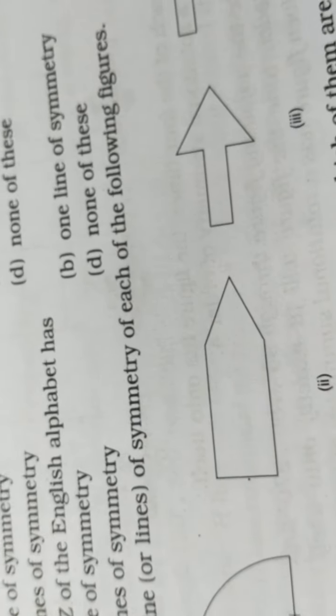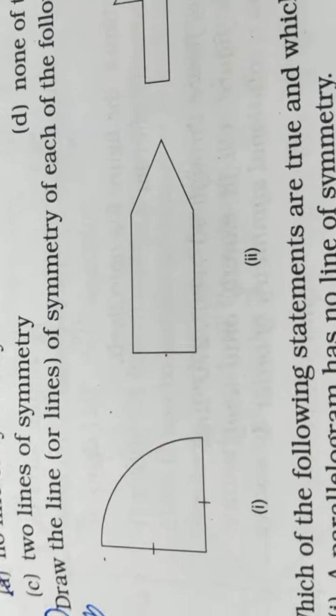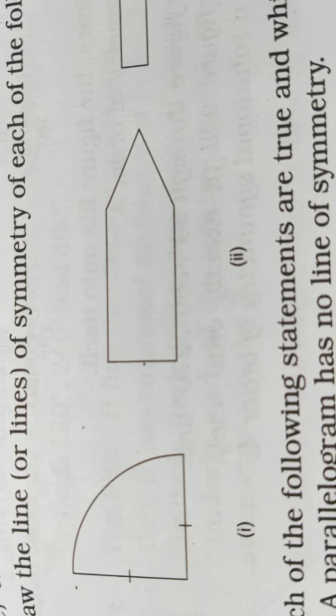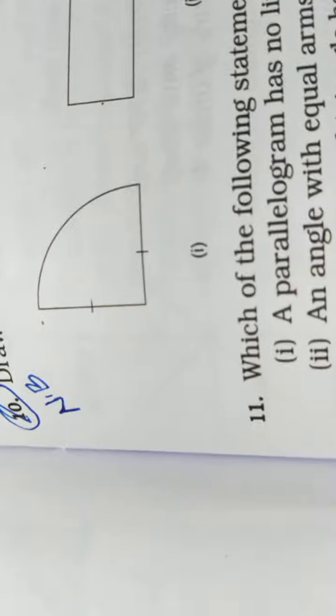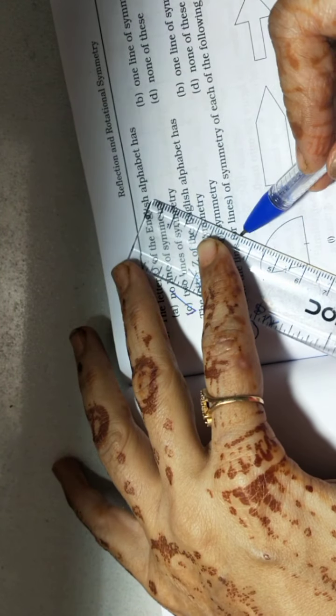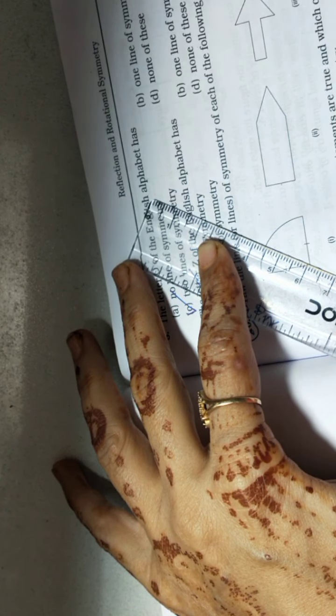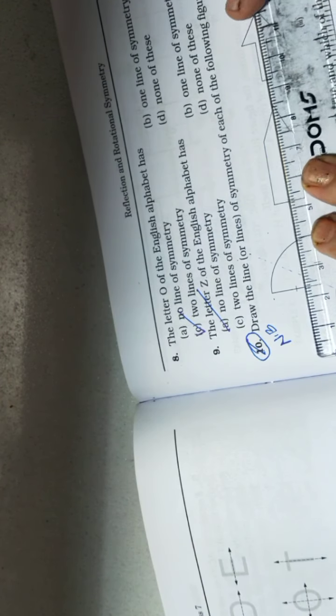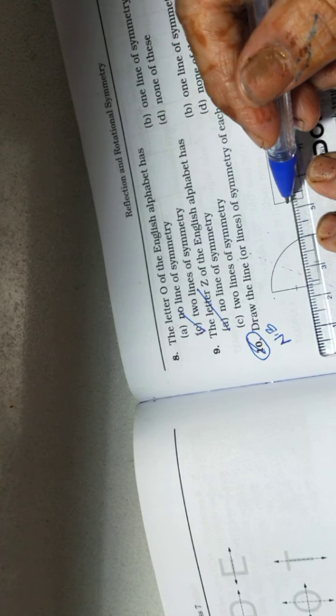Draw the line of symmetry in each of the following figures. You can do this question in the book, or if you want you can do it in the notebook. In the first part, let me show you how you will draw; you will do it in the notebook yourself from here. Getting? In the second part, the line of symmetry will be here only.